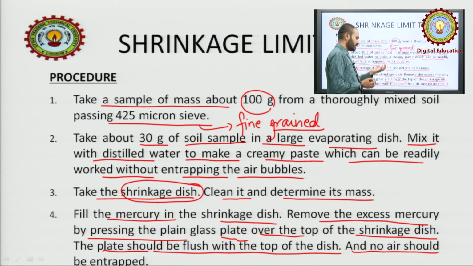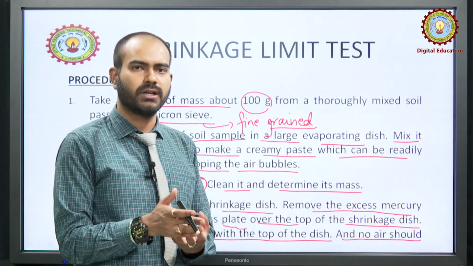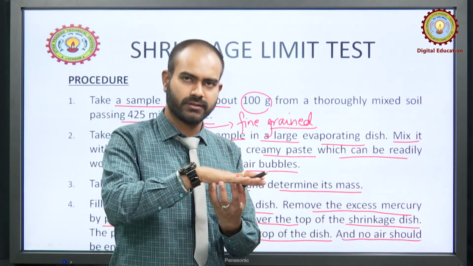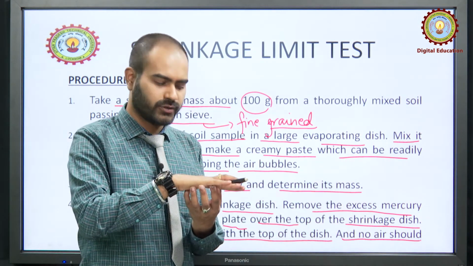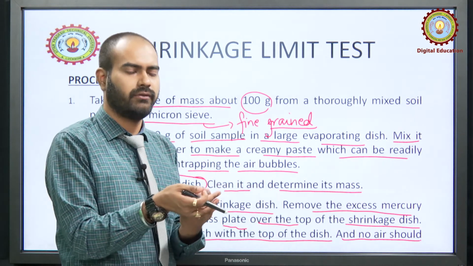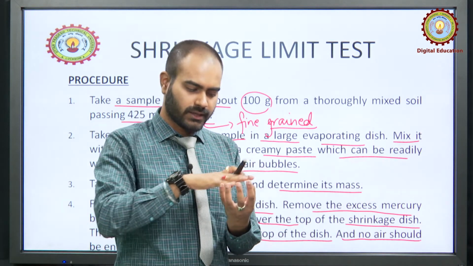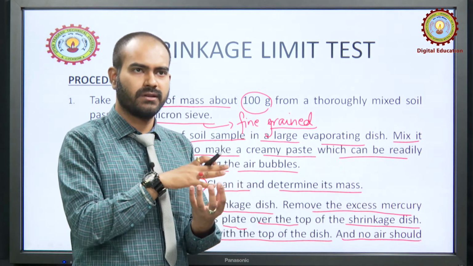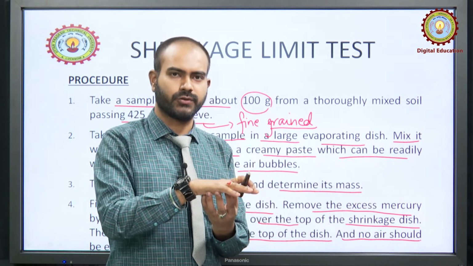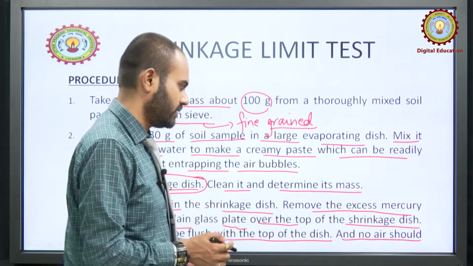We take the mass of the empty one, then we put a glass plate onto it so that excess mercury will flow out, okay. Just the shrinkage dish will be flush with mercury, okay. Then we can remove this glass plate and it will be filled with mercury, okay.